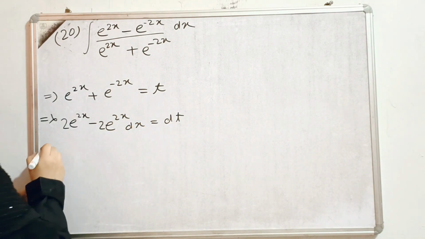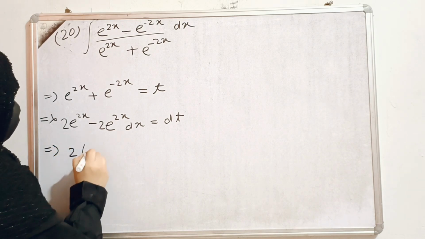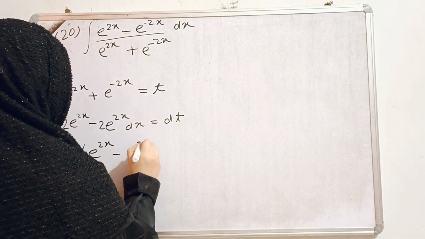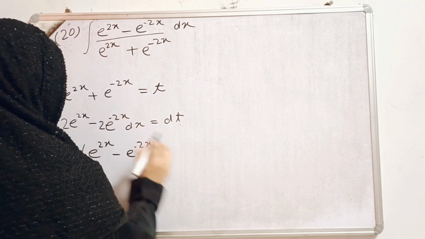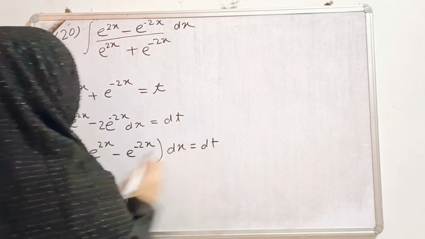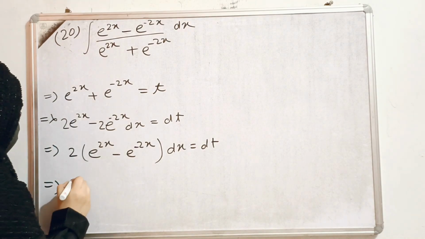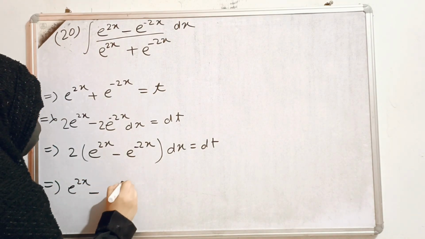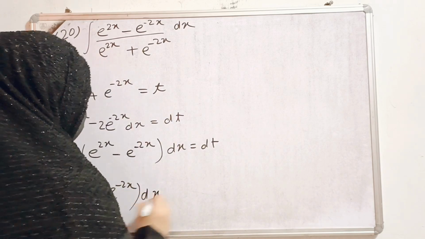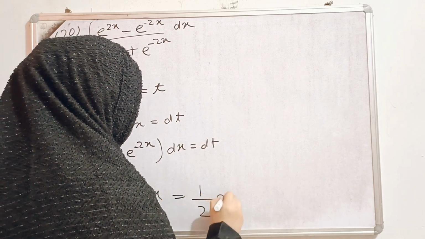Or we can write, 2 is common, 2 times e of 2x minus e of minus 2x dx equal to dt. So e of 2x minus e of minus 2x dx equal to 1 upon 2 dt.